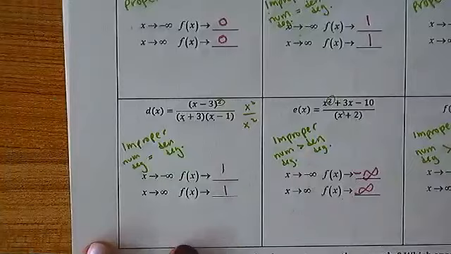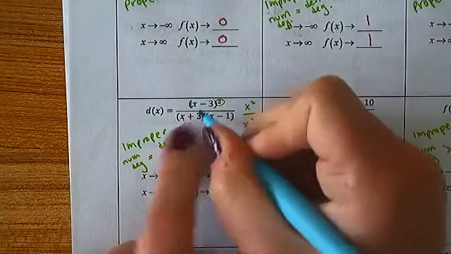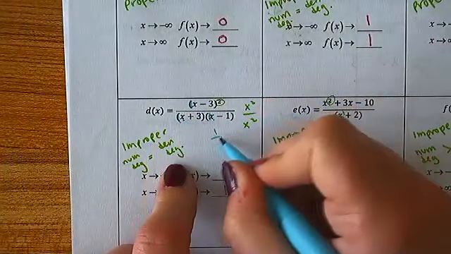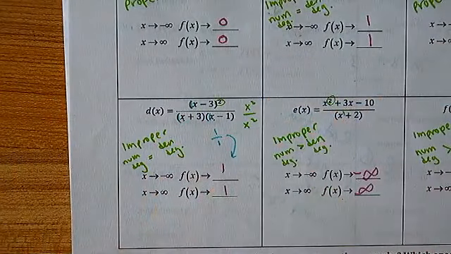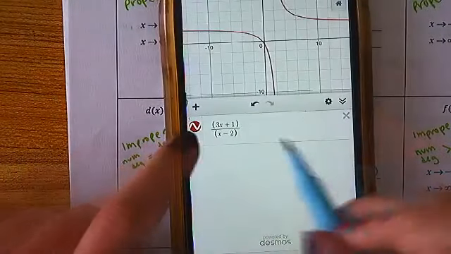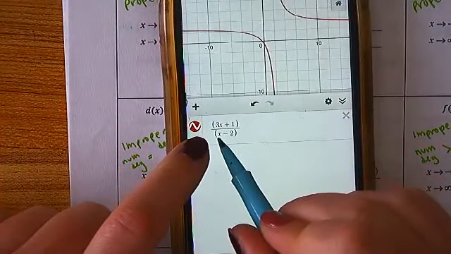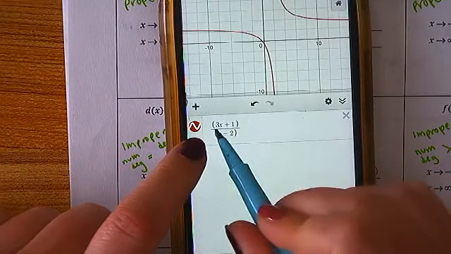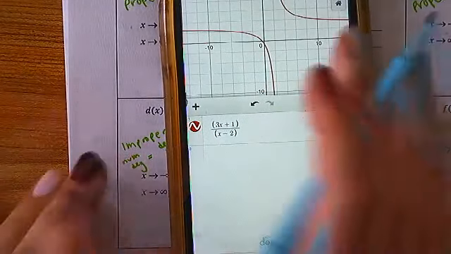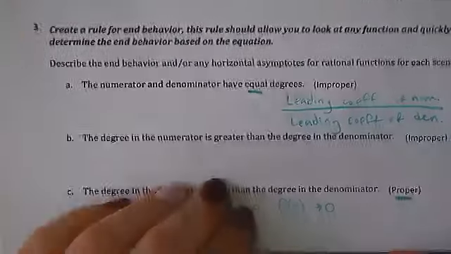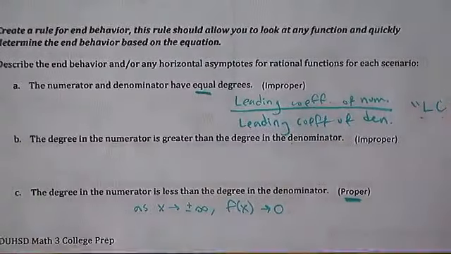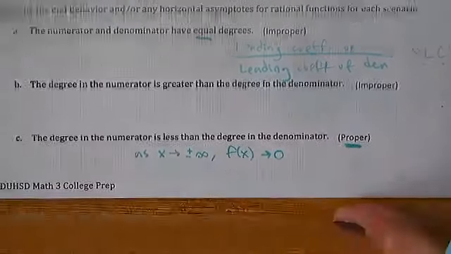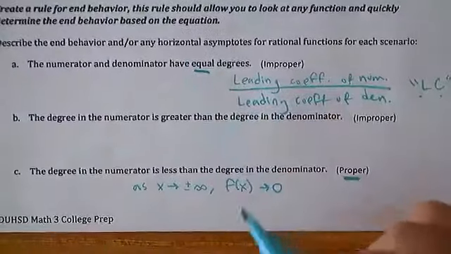1. Over here, this was 1x and 1x. So what's 1 over 1? 1. In this problem, we have a 3x and an x, a 1. So what is 3 divided by 1? A 3. And that's what it's approaching. Okay, so that's how you guys find the end behavior of equal degrees.